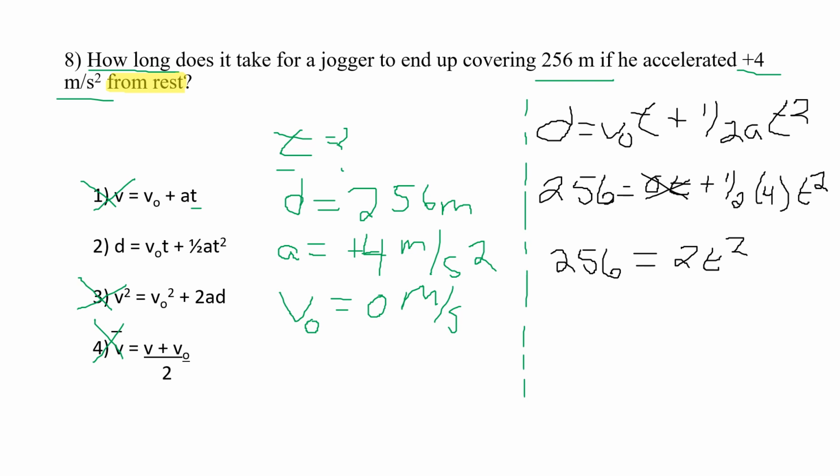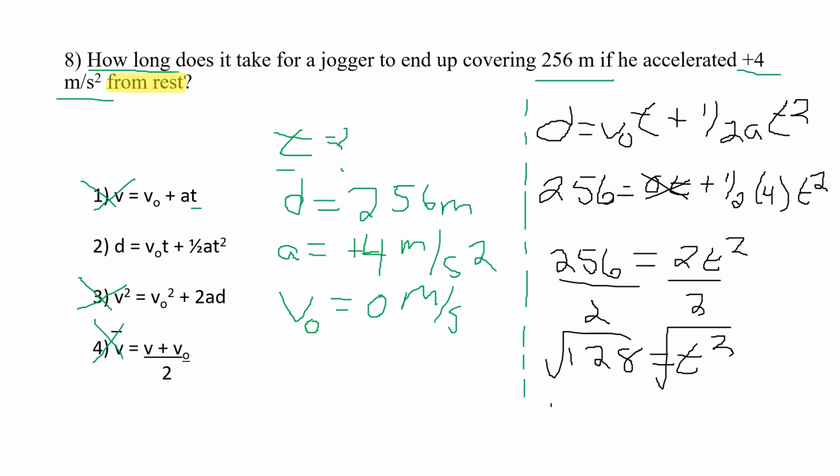To get the t by itself, you have to divide both sides by 2, which is going to be 128 equals t squared. I'm going to square root that. 11.31 is the time.